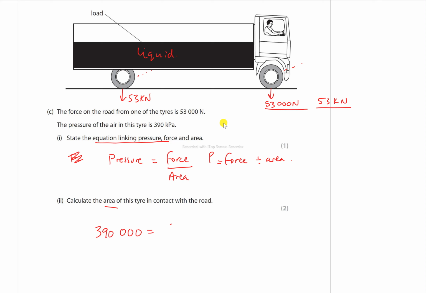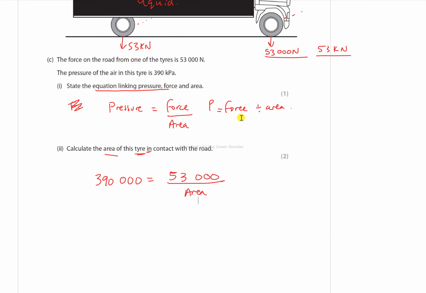We know the force, in a single tire, is 53,000 divided by area. We don't know that, so we're going to write it like that first, then we're going to rearrange it. So it equals 390,000 over 53,000, and that equals 0.14 meters squared.